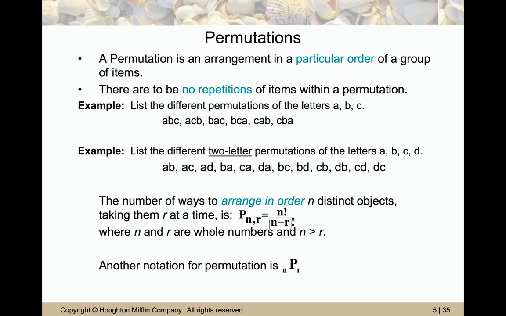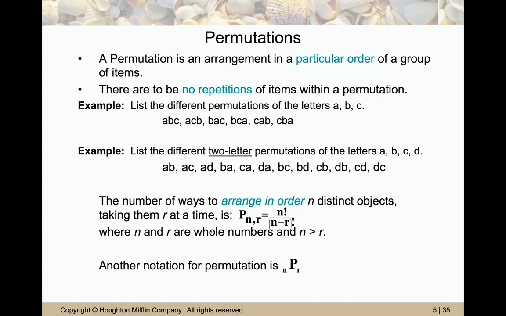This time we're going to do A, B, C, D. And so we can have AB, AC, AD, BA, CA, DA, BC, BD, and then CD, DB, DC, okay, and so on. All right.